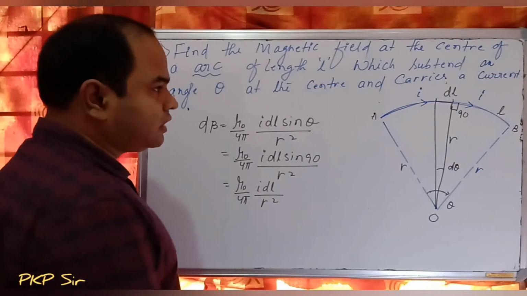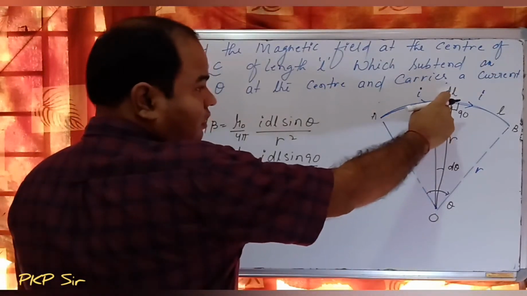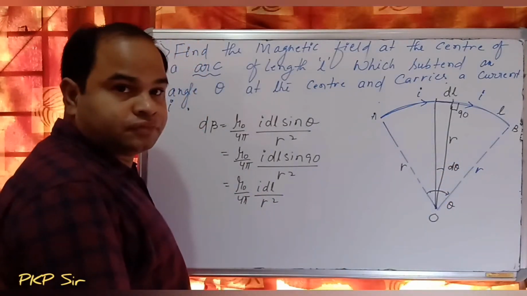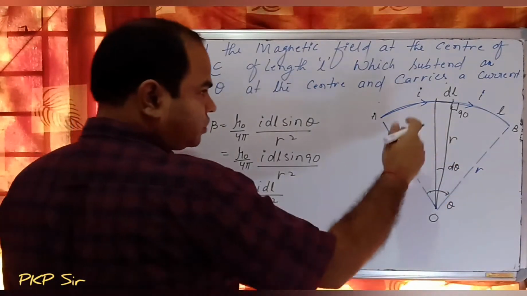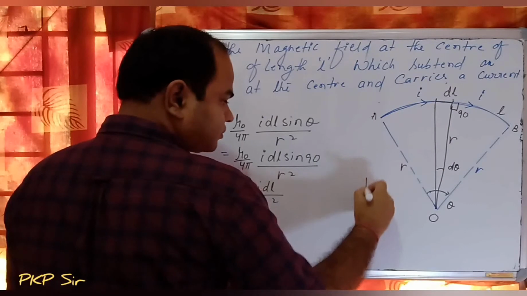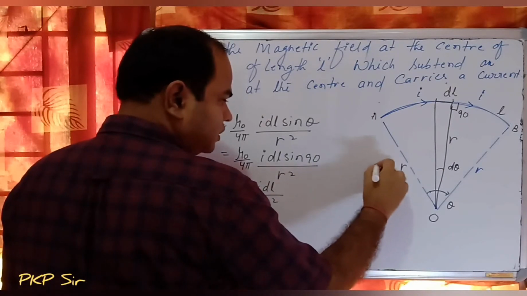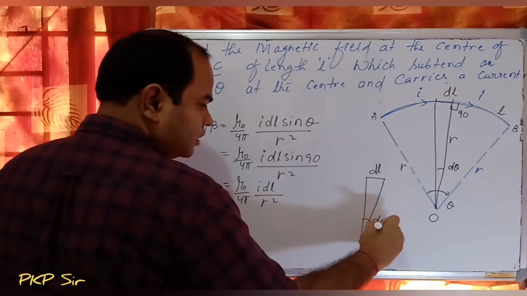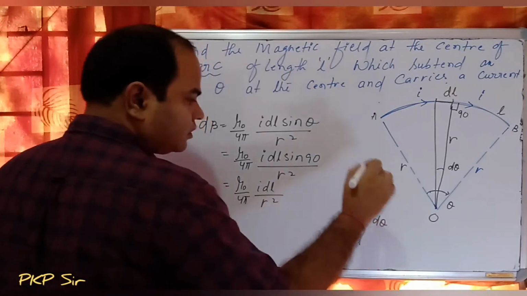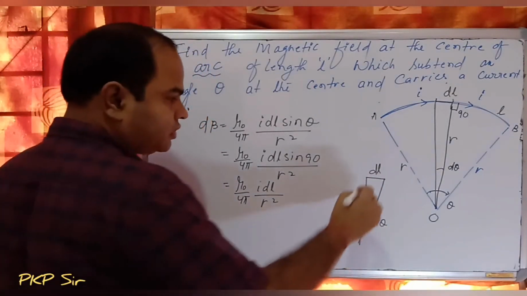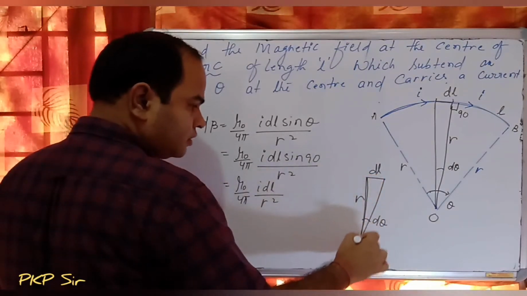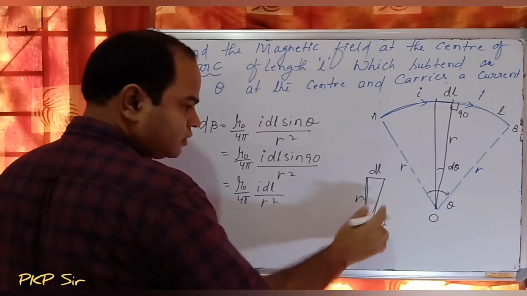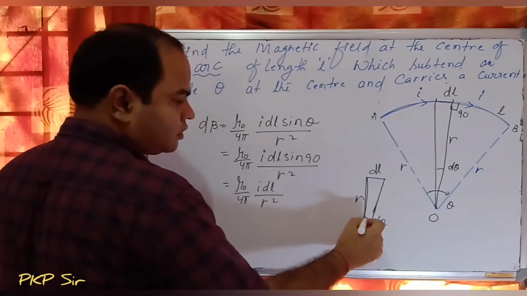Again, let this small length dl subtend an angle d theta at the center. The small length is dl, this is angle d theta, and this is your r. What is the relation between these three? We have studied this in school.